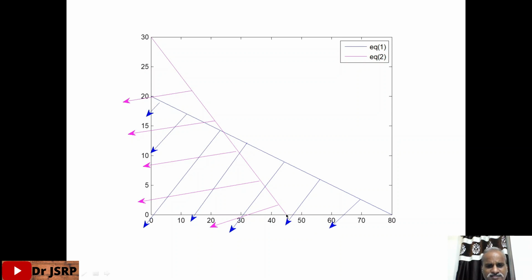Join these two points with the scale. This is the second line.